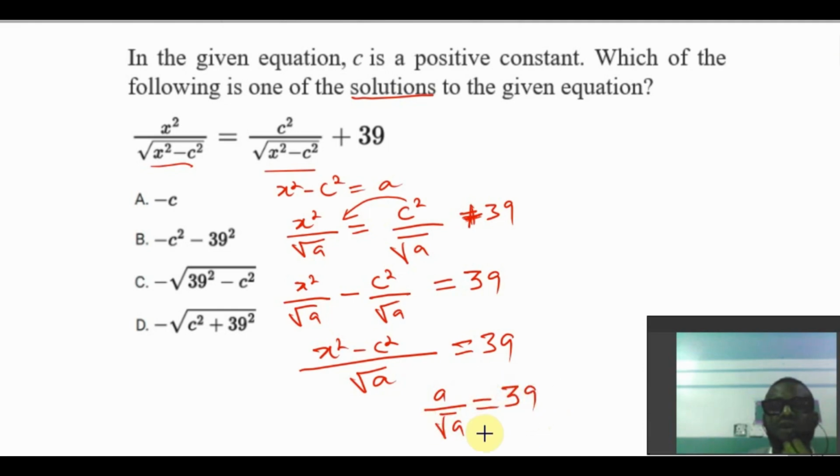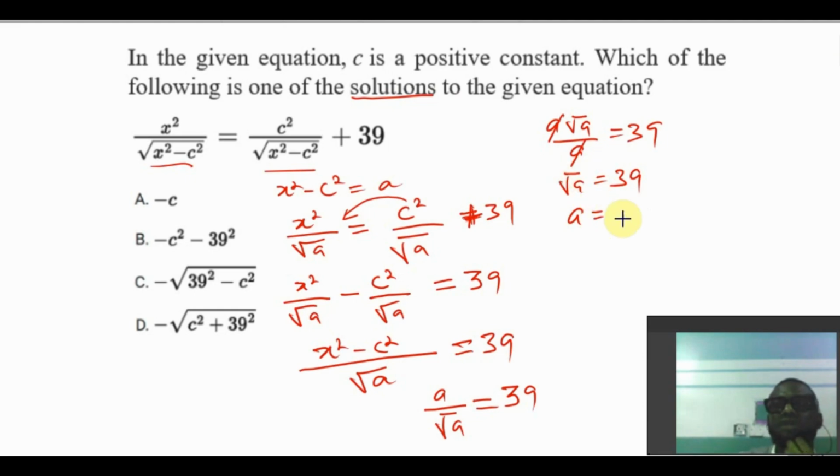Now we can rationalize this denominator to eliminate the roots. So I will have root a times a over a is equal to 39. So a will cancel a, and I will have the square root of a equals 39.